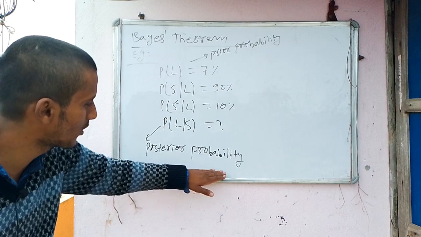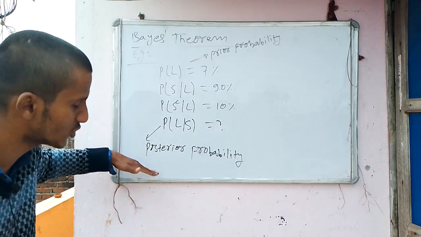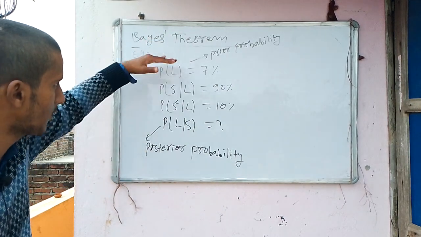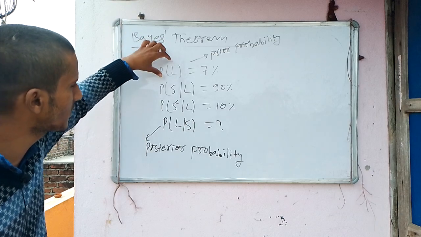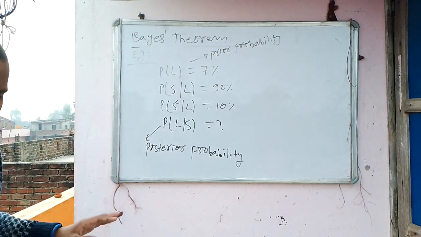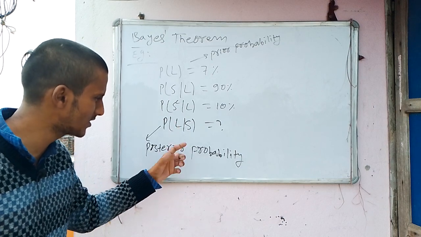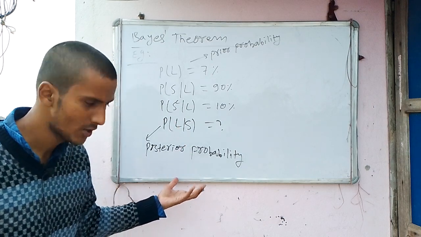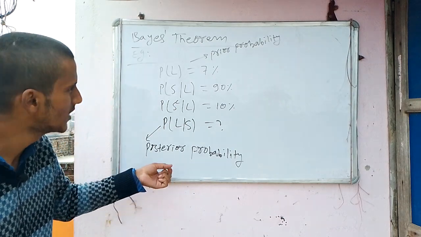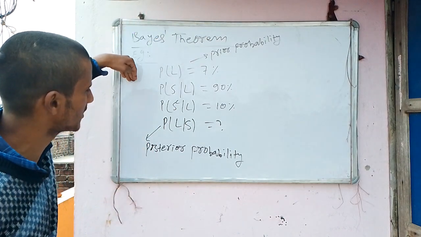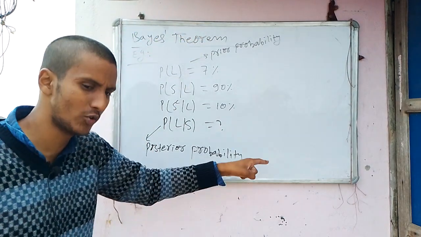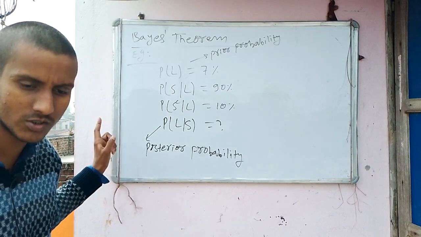So this is your posterior probability. It means the probability will change. For a person who is not smoking it is just 7%, but for another person who is a smoker, the probability of having lung disease is higher. Your initial perspective was this, and you want to change your perception.